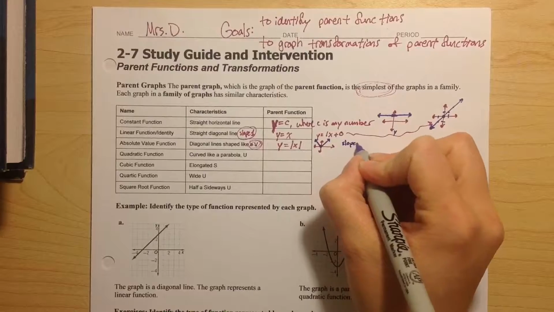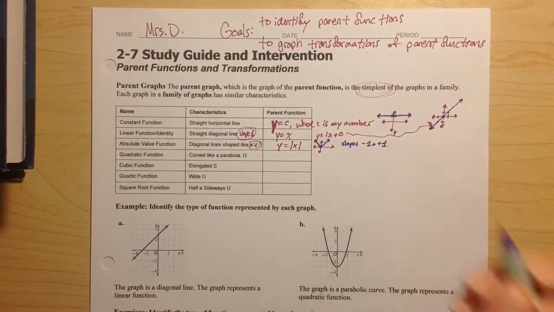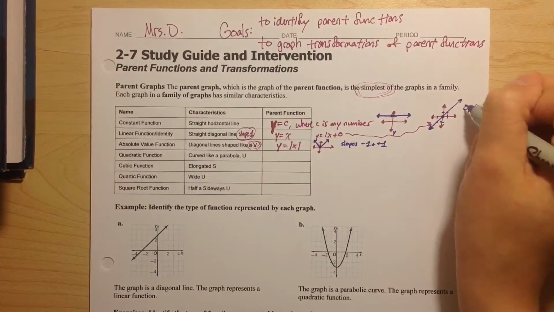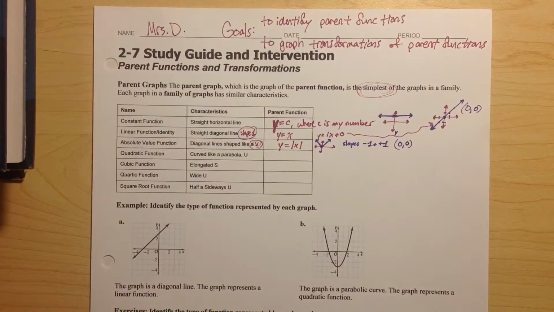The slopes are -1 and +1 on both of those sides, and they hit at 0, 0 there. And really this guy hits at 0, 0 as well. A lot of them do, so let's keep going.